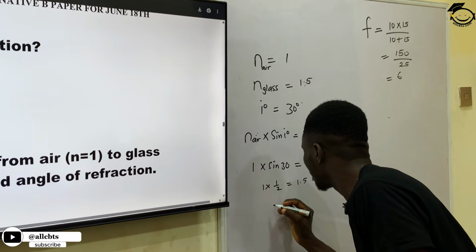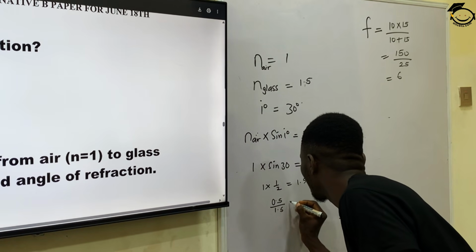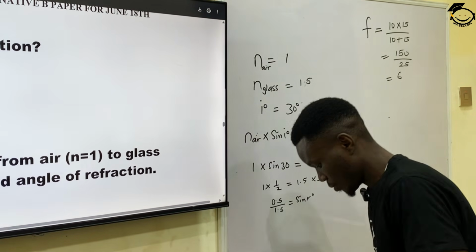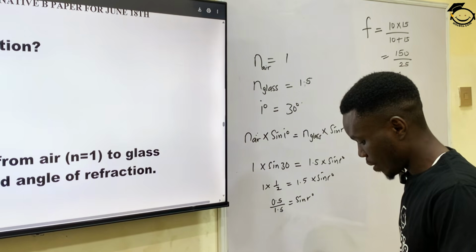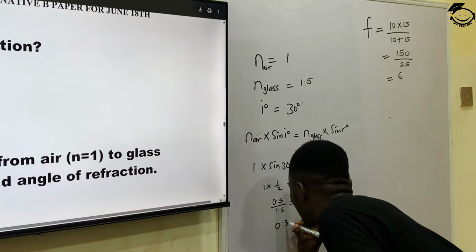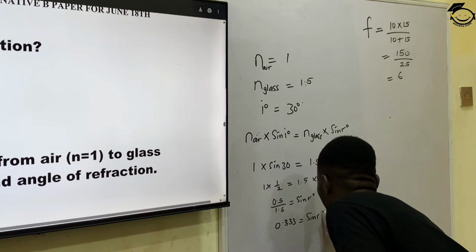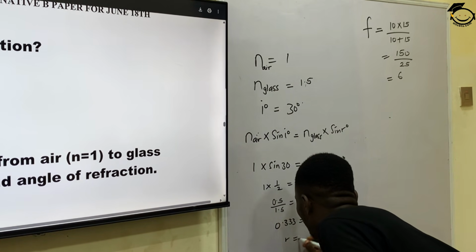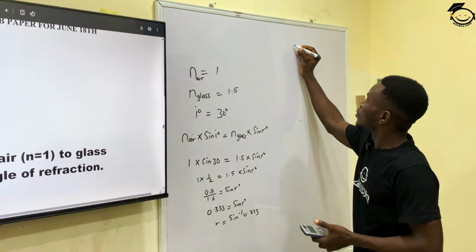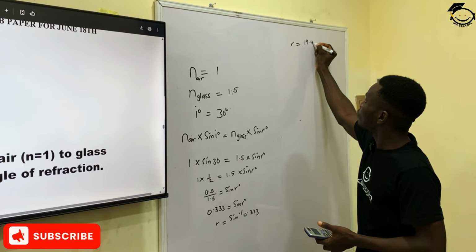So this will give me 0.5 divided by 1.5 is equal to sine of the refraction. That will give me 0.333. So I will take the arc sine, sine inverse of 0.333, and that will give me that the angle of refraction is equal to 19.4 degrees.